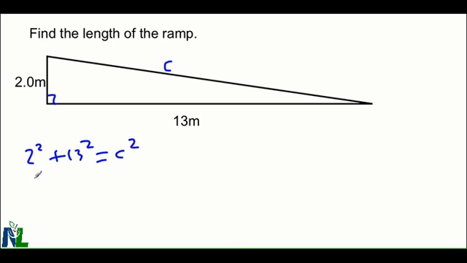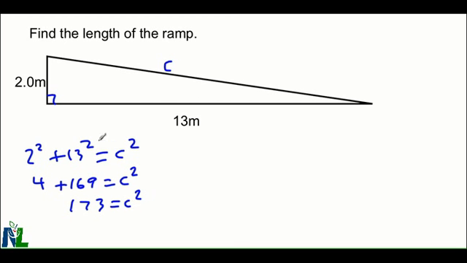So 2 squared is 2 times 2, which is 4. 13 squared is 13 times 13, which is 169. Use your calculator there for a number that's after a certain size. I'm sure your teacher would say that a calculator would be okay. Adding those together, I get 173.